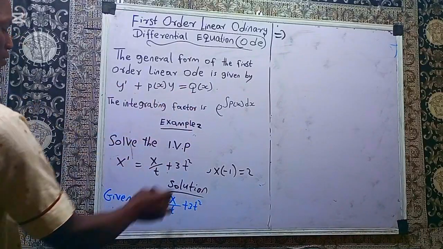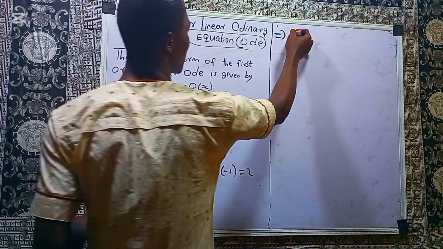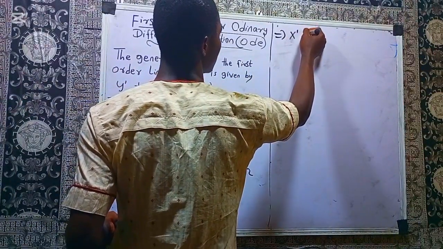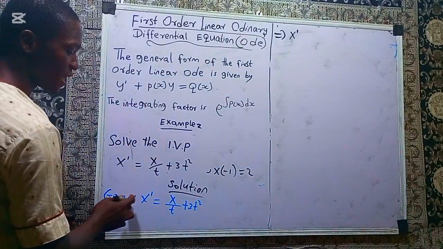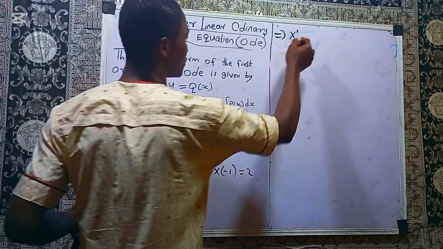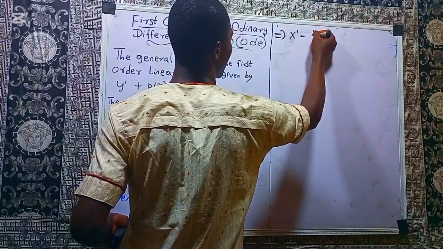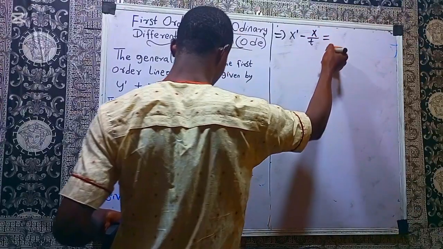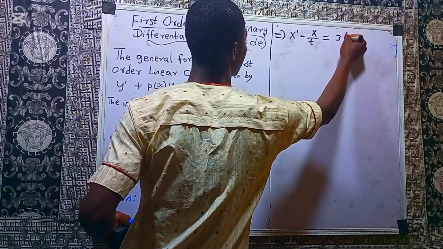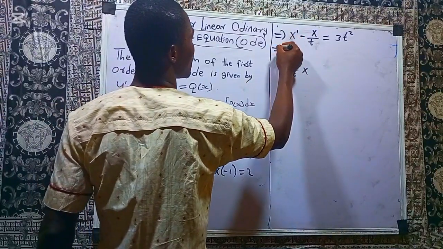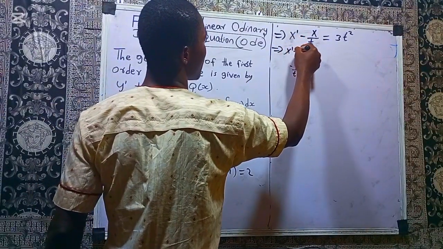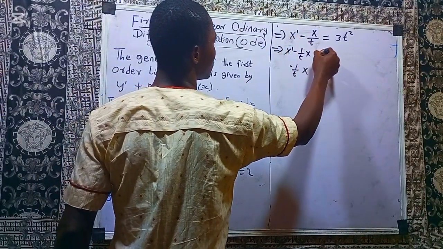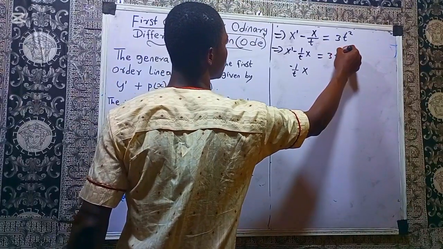The independent here is t. So this implies x prime, if I move this to the left, it changes to negative x of t equals 3t squared. So this implies x prime minus 1 over t x equals 3t squared.